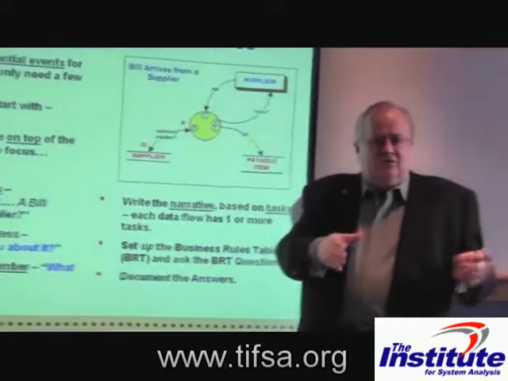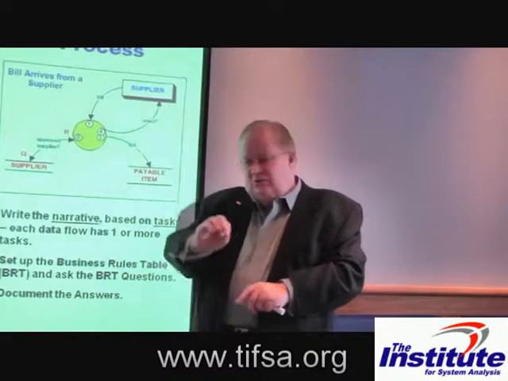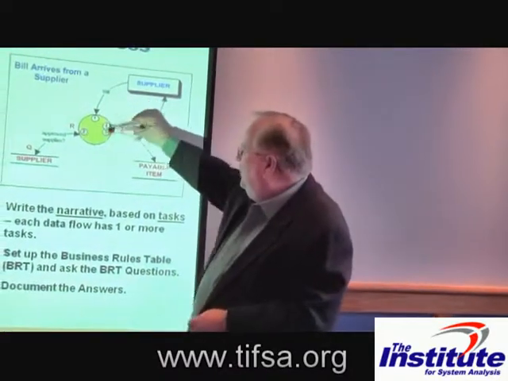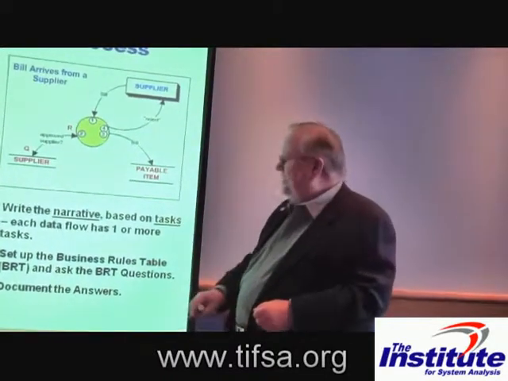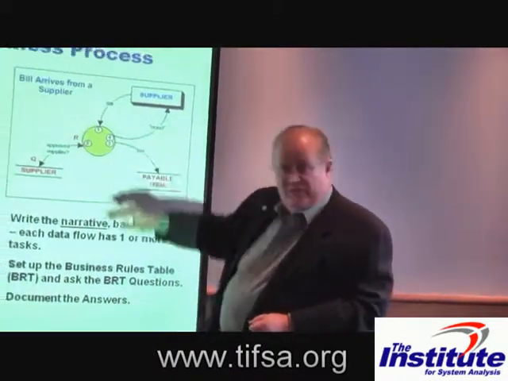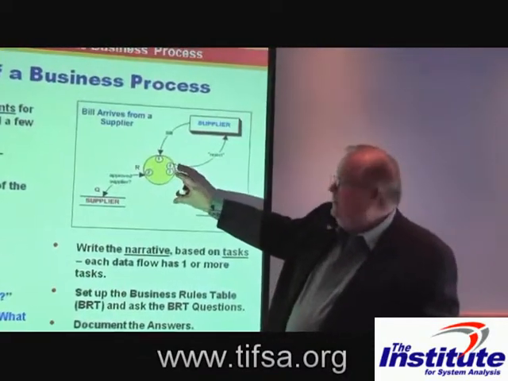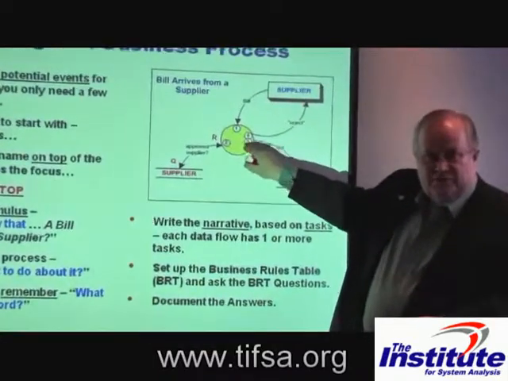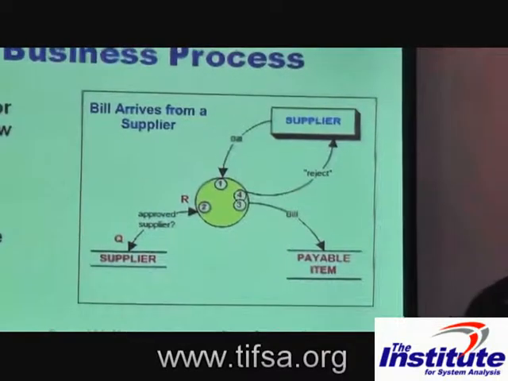The point form is good because you don't have to worry about punctuation, you don't have to worry about grammar, things like that. You just write a task statement. So you have 1, 2, 3, 4 tasks. Write those down, and then, so now you have a narrative. Then you give it a name, such as receive bill or record bill, something like that. A good strong verb noun construct in this case.